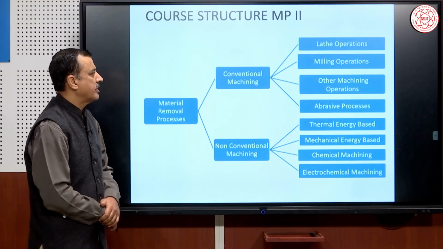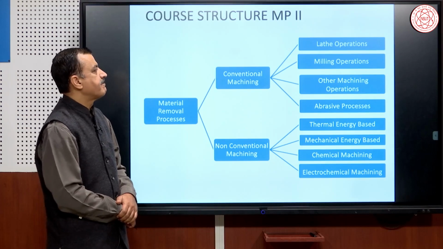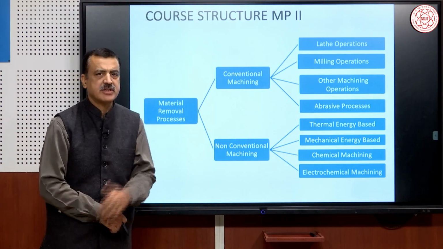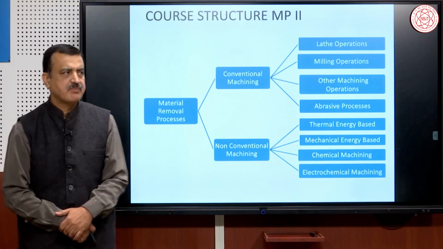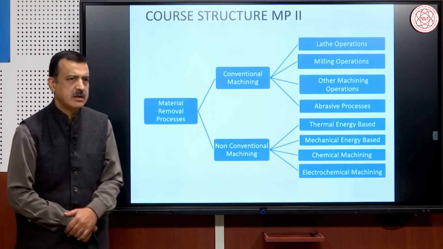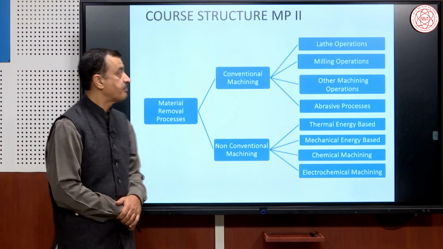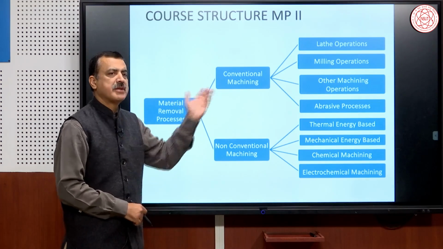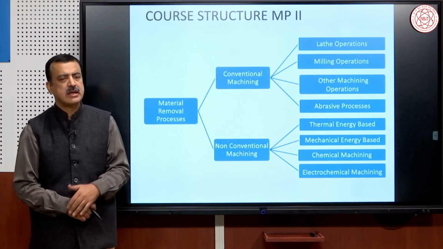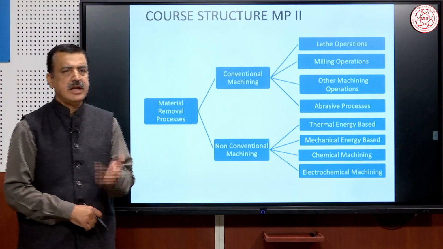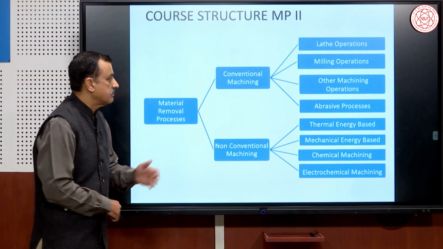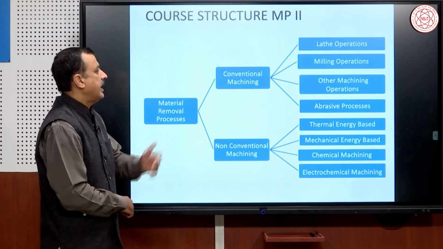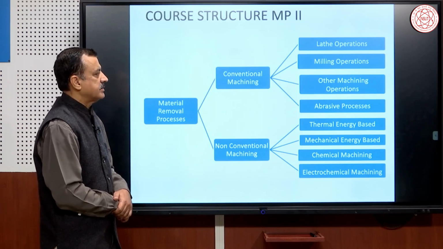Coming on to conventional machining operations, we have lathe operations, the cutting operations which are performed on lathe machines like turning, facing, taper turning, grooving, etc. Then we have milling operations. Milling operations are those which are performed on a milling machine like face milling, end milling, side milling, plane milling and other milling processes.